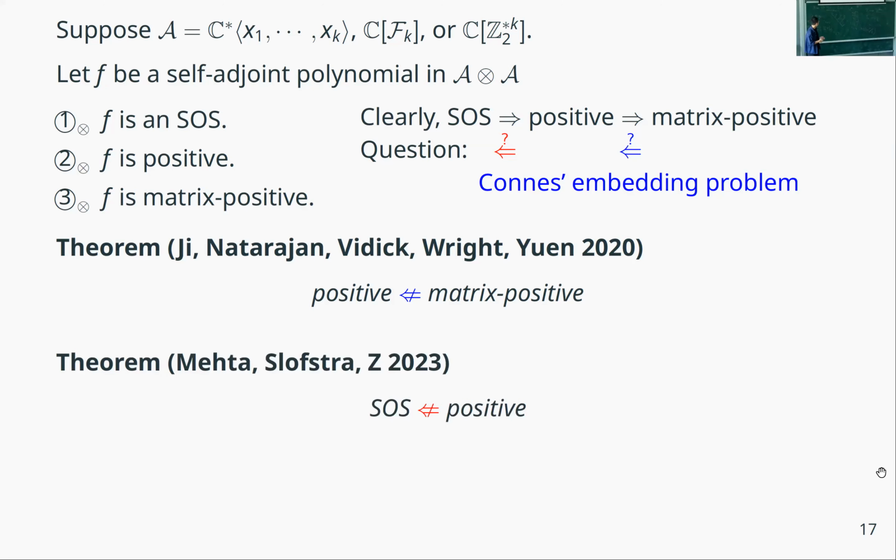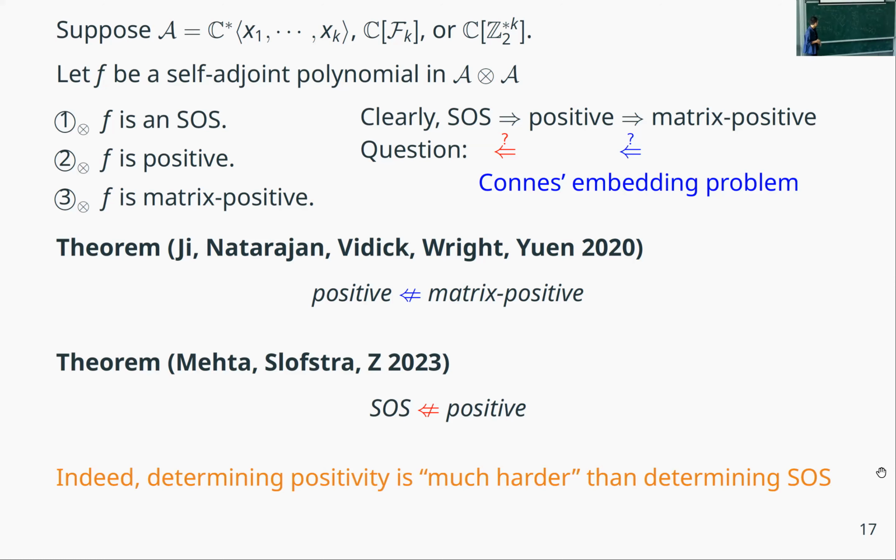And with Arthur Mehta and William Slofstra, we show that not every positive polynomial has a sum of squares decomposition. So in the tensor product of free algebras, all three concepts are distinct. How do we prove this? We essentially prove that determining positivity is much harder than solving sum of squares.